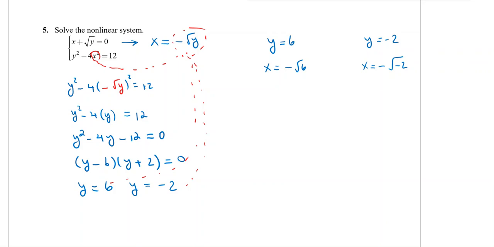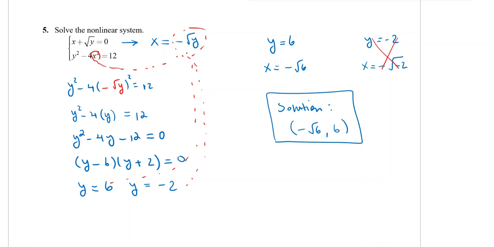When you're solving systems, you're always asked to find real solutions only. And so we say square root of negative 2 is not a real number. We do not accept that solution. So there's only one solution that would show up on a graph, because the graph only shows real valued solutions. And that's when x is negative square root of 6 and y is 6.